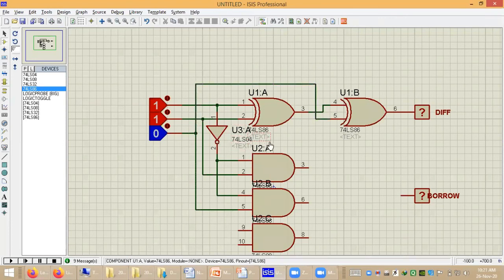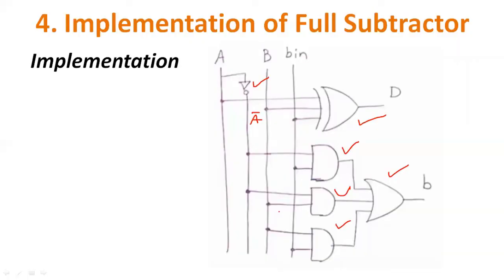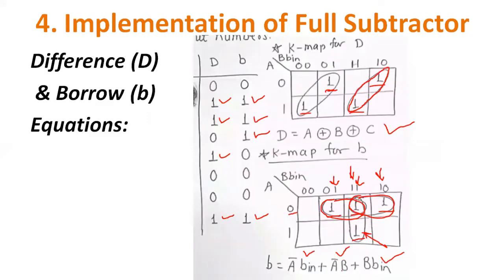Okay, and A bar B, then A bar B in, and the third input will be B and B in. Is it right? So B, A bar B in, and finally B in.